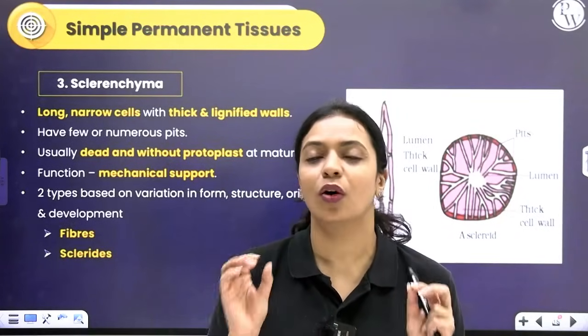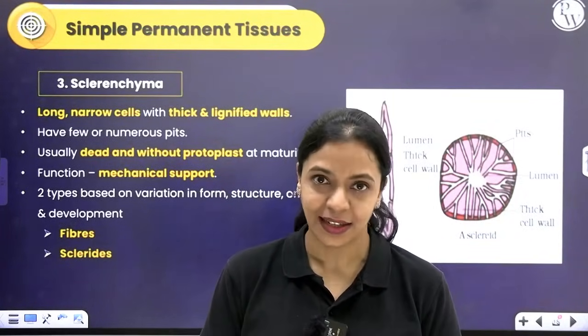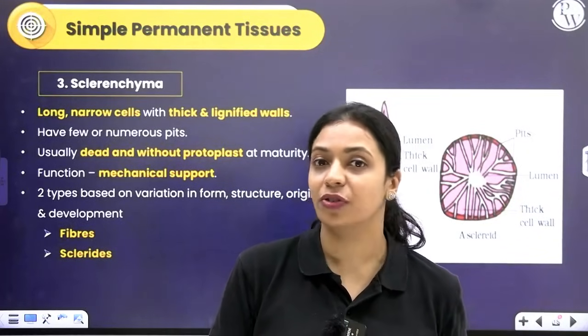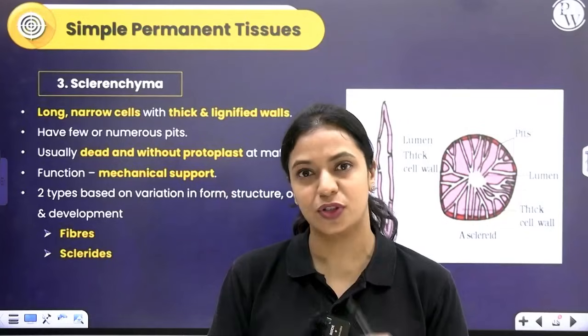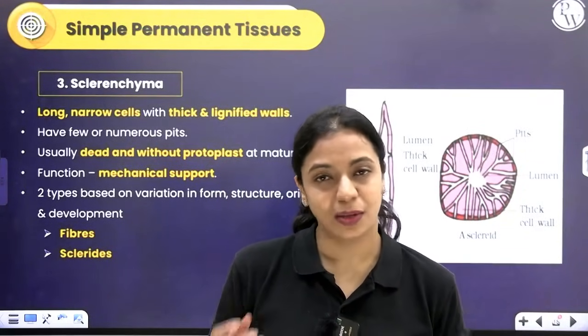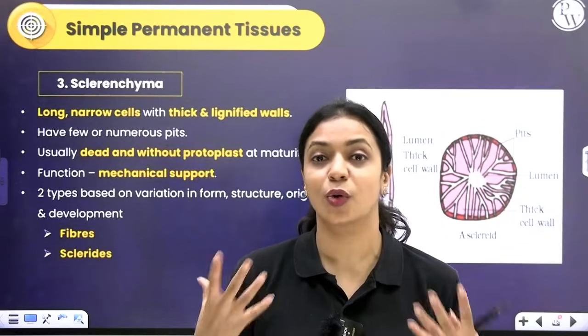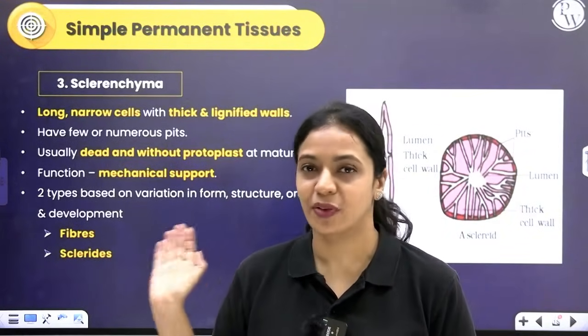In the wall of these sclerenchyma cells you can find another substance called lignin, and that will provide a lot of mechanical support and make sure that the plant stays upright. If a plant is made up of only soft tissues, then the plant cannot stand upright, right? It requires mechanical support to stand upright, and that is provided by sclerenchyma.